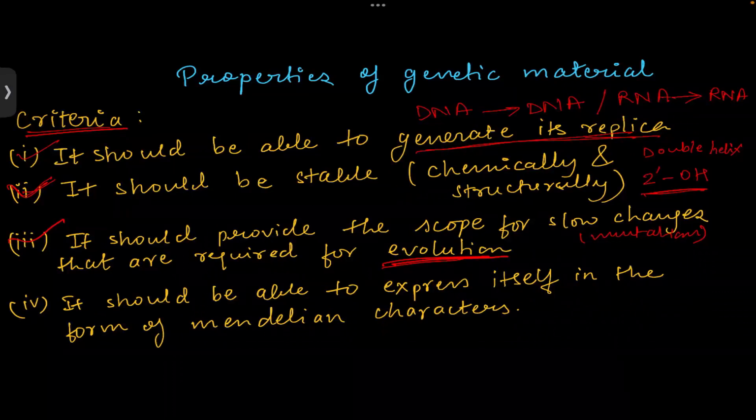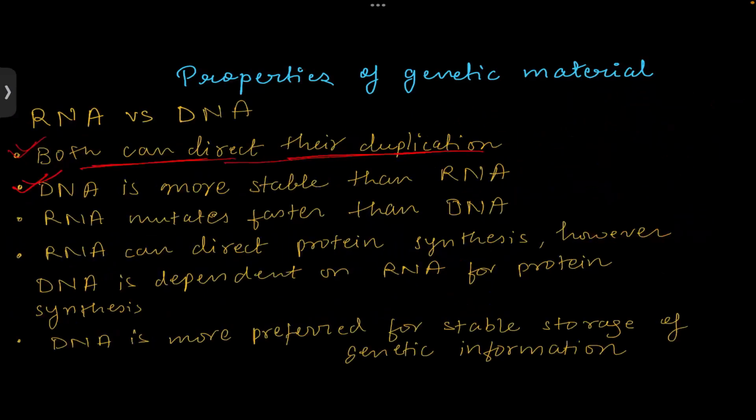What I'm trying to say is that the genetic material should allow some changes, but the changes should not be too rapid. It should be slow in nature. As I told you, RNA is structurally as well as chemically much more unstable in nature than DNA. So organisms like viruses, which have RNA as the genetic material, mutate quite fast.